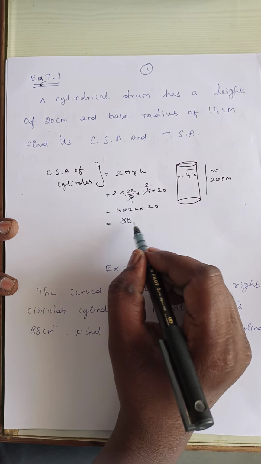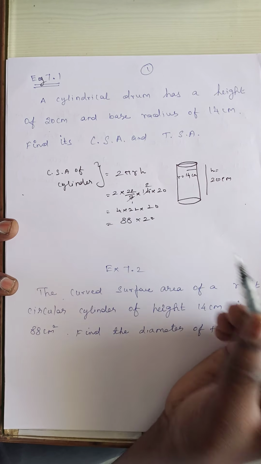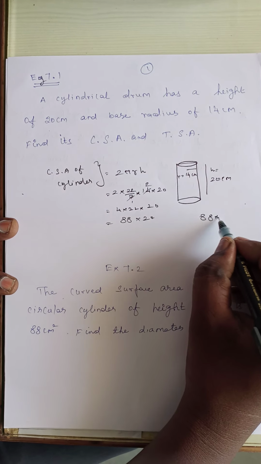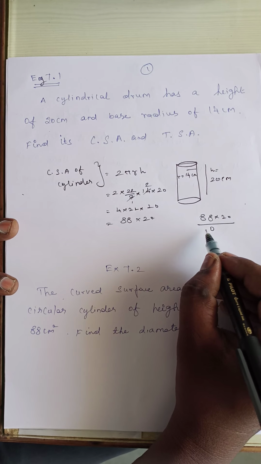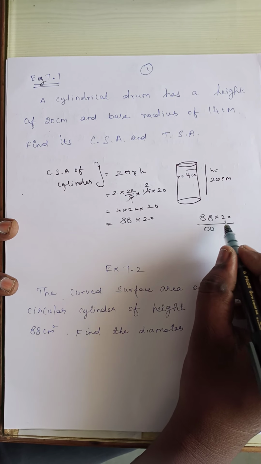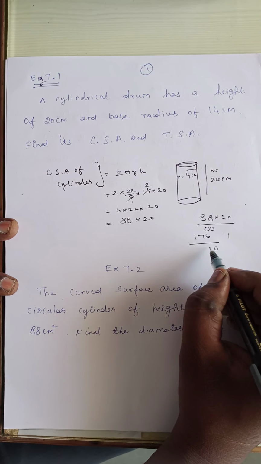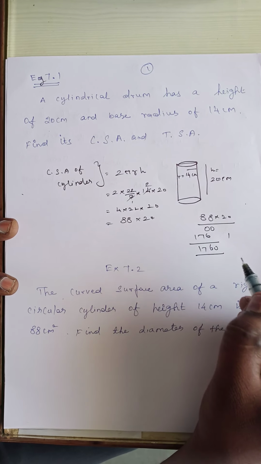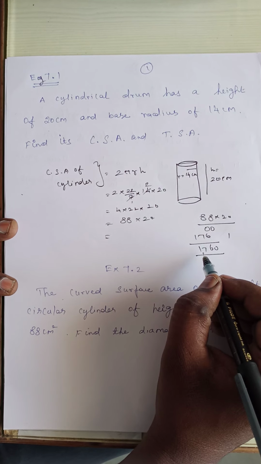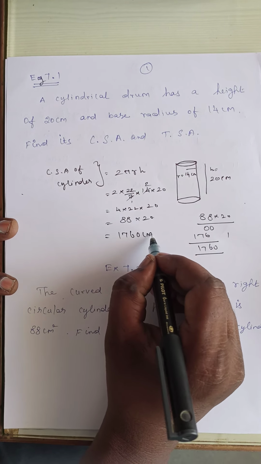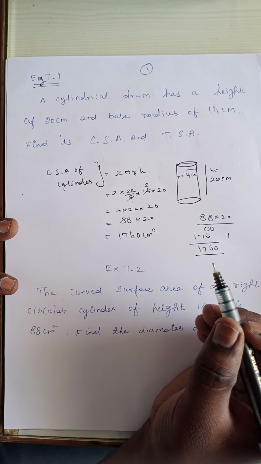Then 88 into 20. Finally, we'll get 1760 centimeter square.